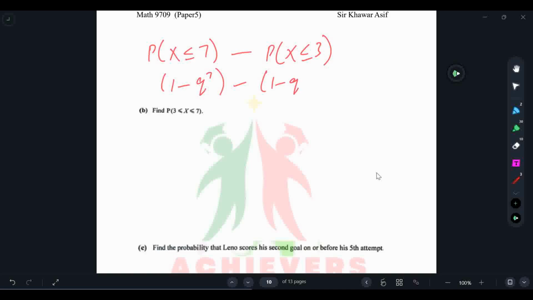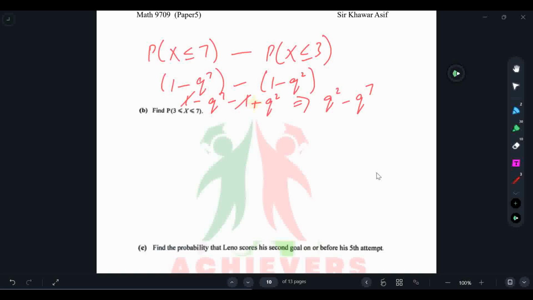If we open it up, this will be 1 minus q power 7 minus 1, plus q square. So basically the answer will be q square minus q power 7.